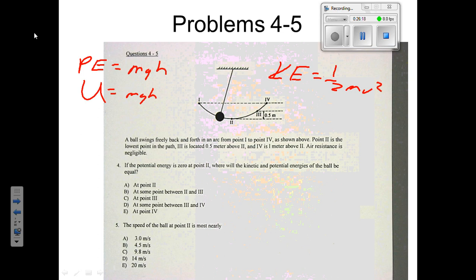So potential energy equals the kinetic energy at point 3? Yes, it's halfway. The amount of energy in this pendulum is half potential and half kinetic at that point. As we go this way, the potential is becoming bigger, the kinetic is becoming smaller, until at this point it's all potential, no kinetic.